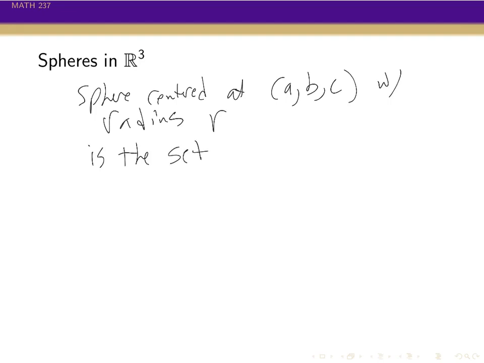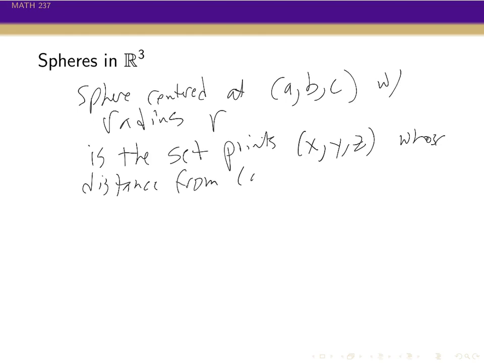Well, the sphere is the set of points (x, y, z) whose distance from (a, b, c) is exactly r.